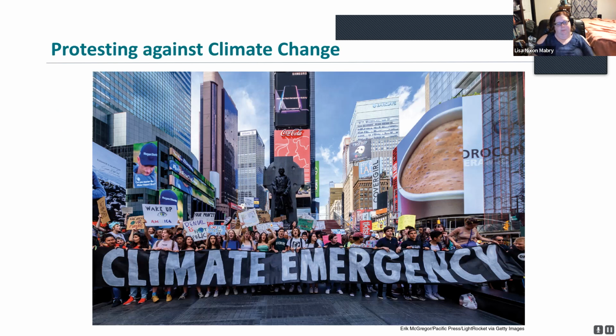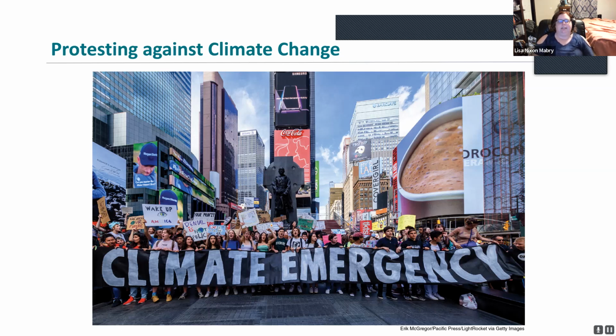So this image is on page 10 in your book if you're following along. It says protesters are a form of direct action citizens can take to influence policy outcomes. Many citizens, including students and children, have used peaceful protests, keyword being peaceful, and marches to convey concerns about global climate change and demand government action.